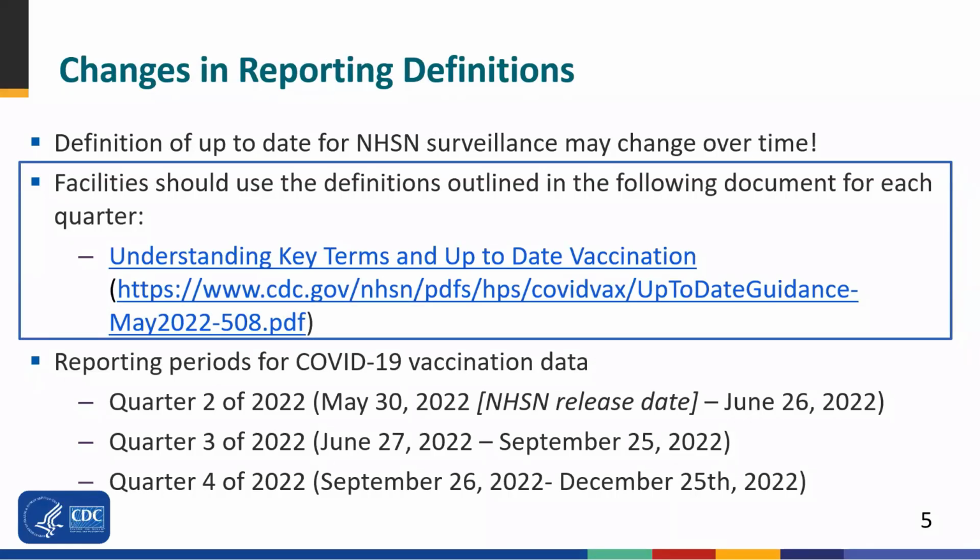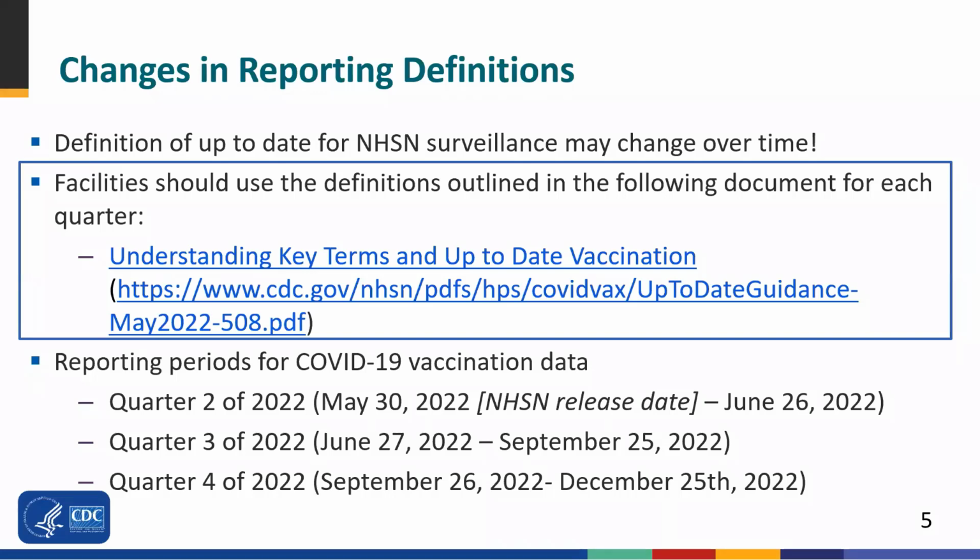Facilities should use the definitions outlined in the document linked on this slide for each quarter. Facilities should review this document at least once per quarter to check for definition updates. Reporting periods for up-to-date COVID-19 vaccination data include quarters 2, 3, and 4 of 2022.